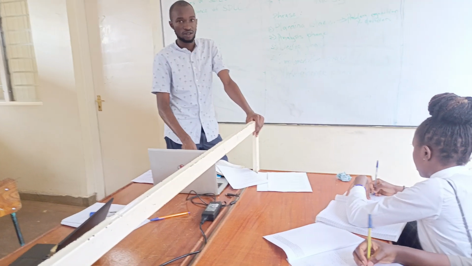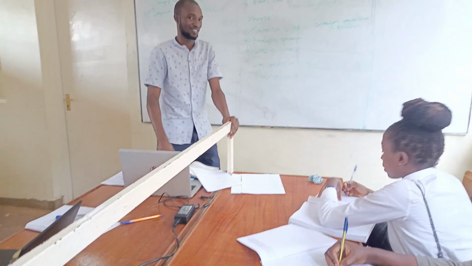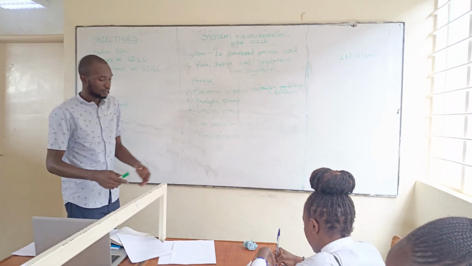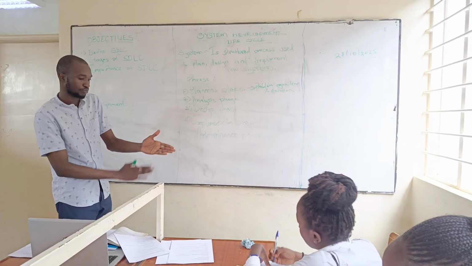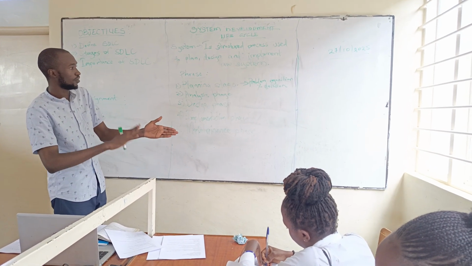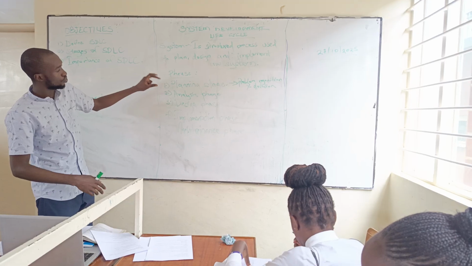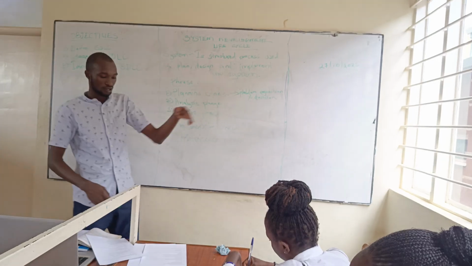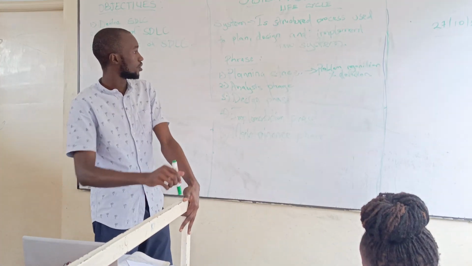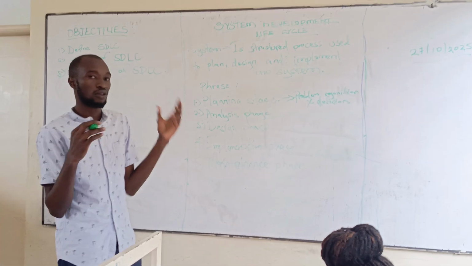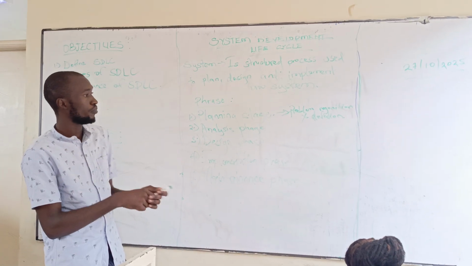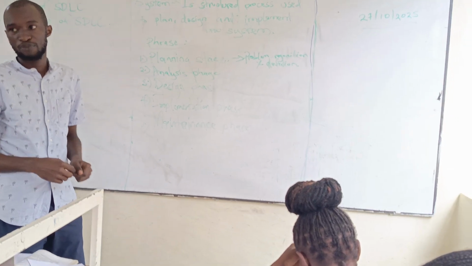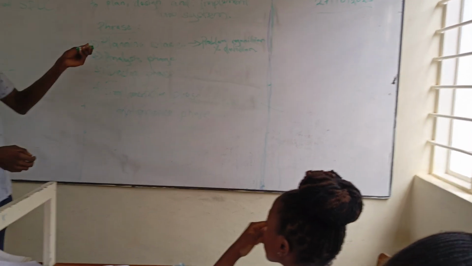Before the CBC was there, before removing the KCSE and every other system, we had to go through the planning stage where the problem was recognized, and the problem was that the old system was not really that good, and that's why it was replaced with the CBC. So that is the planning phase.